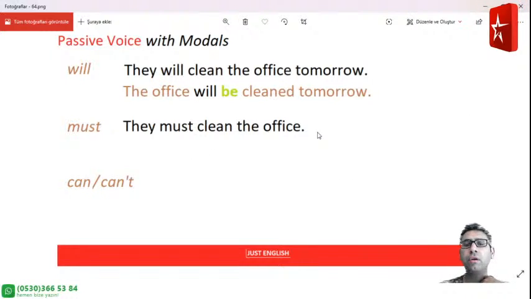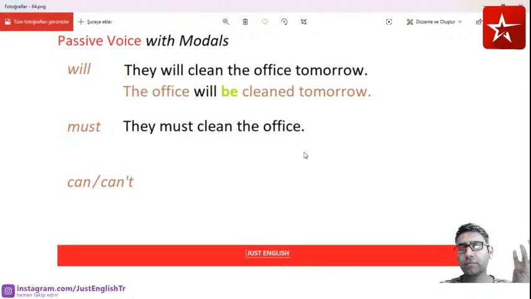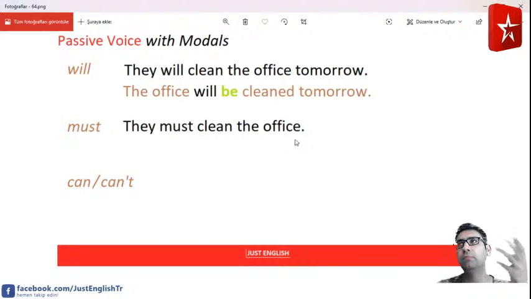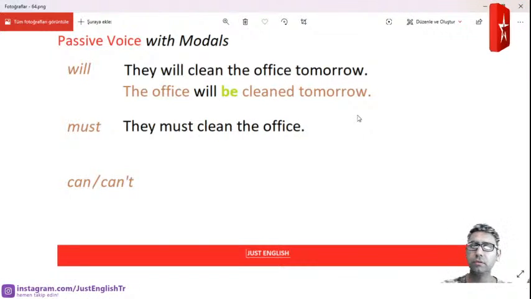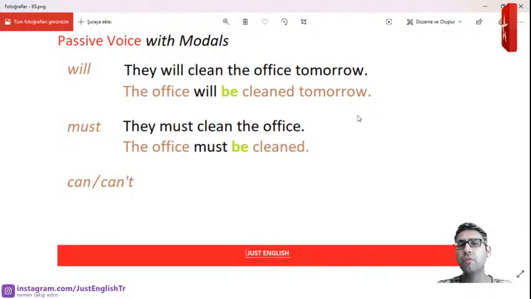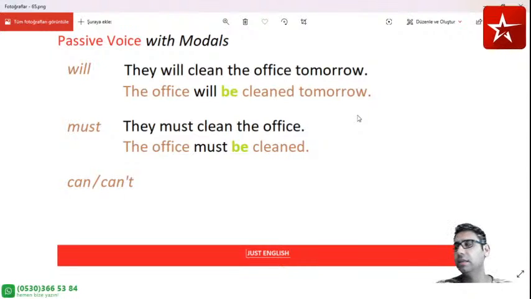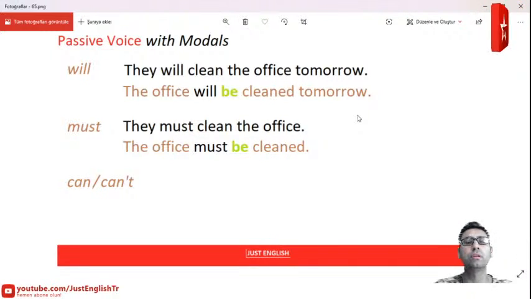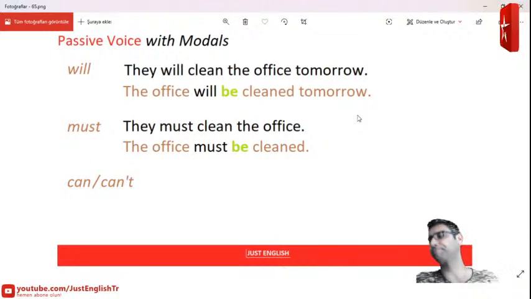The subject of my passive voice is the office, because it must be cleaned. So the office must be cleaned. Again, this is how we do it with modals. All right.